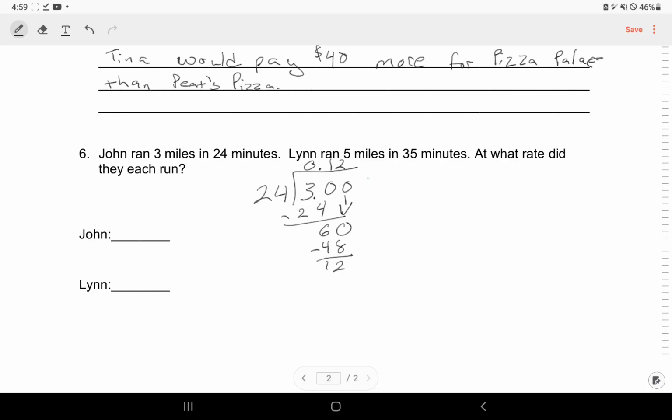We have 12 left over. Another 0 goes into 120 5 times. And so John ran 0.125 miles per minute.